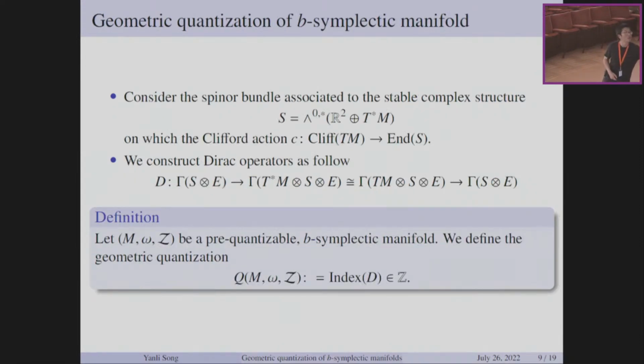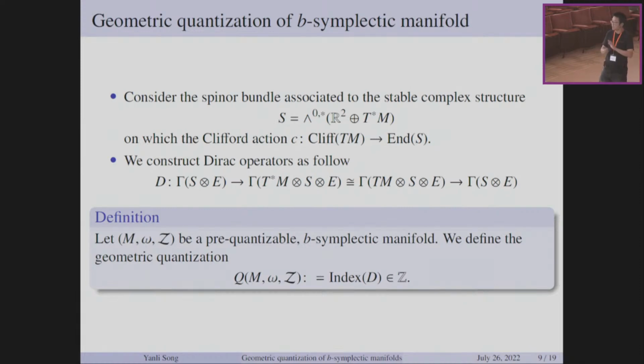Okay. So I'm going to construct the Dirac operator using the stable complex structure. I will define S as before. The only difference is that the S I defined before comes from the almost complex structure on the tangent bundle. But as I said, although on the tangent bundle we don't have an almost complex structure, after direct sum with a dimension 2 trivial bundle, it has an almost complex structure.